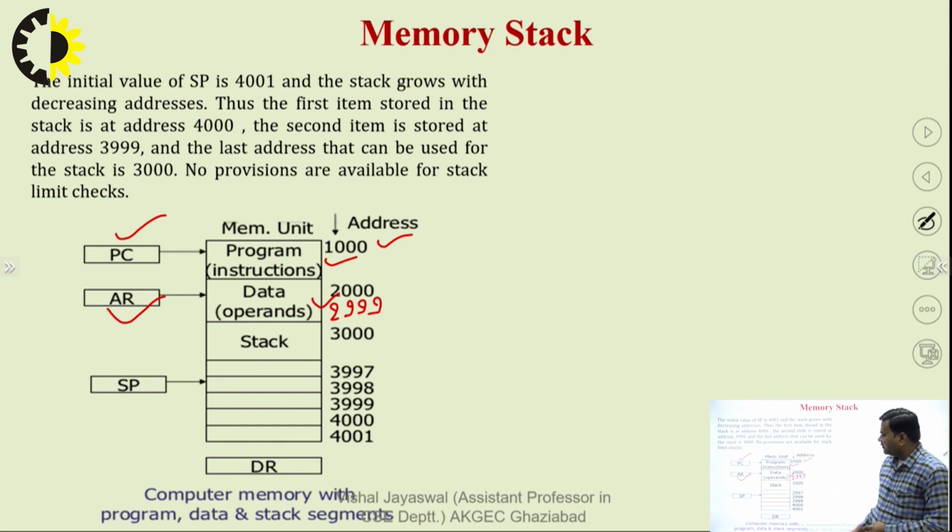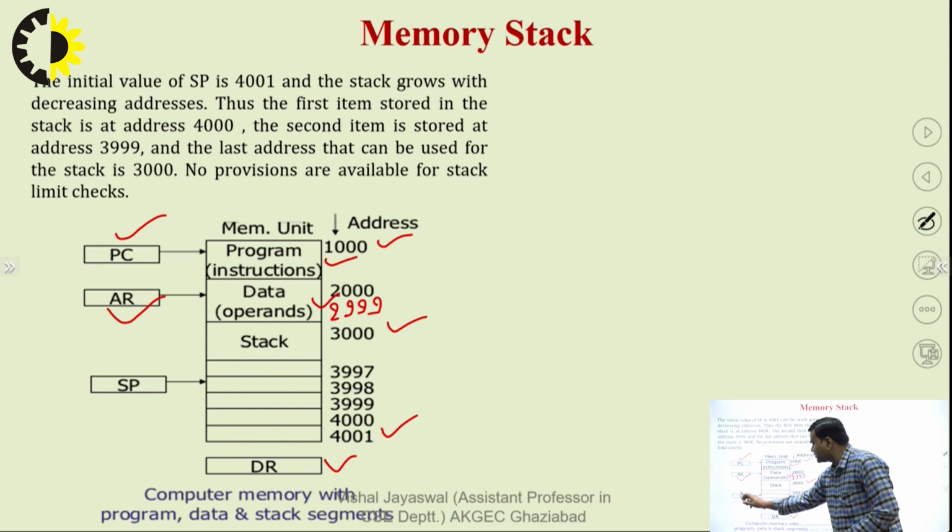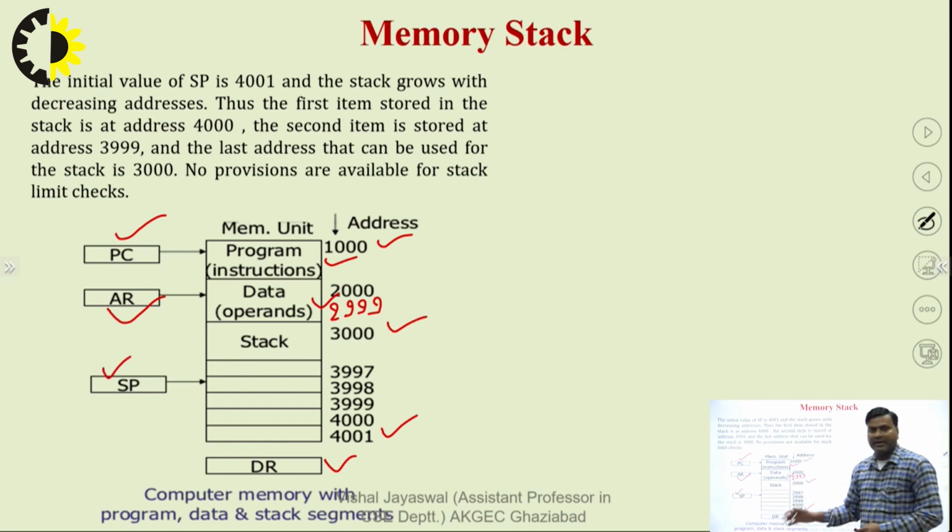After that part, from 3000 to 4001, we are going to make a stack in memory, and here the data register is used for the push and pop operation, and the stack pointer is used for pointing at the top item in the stack.